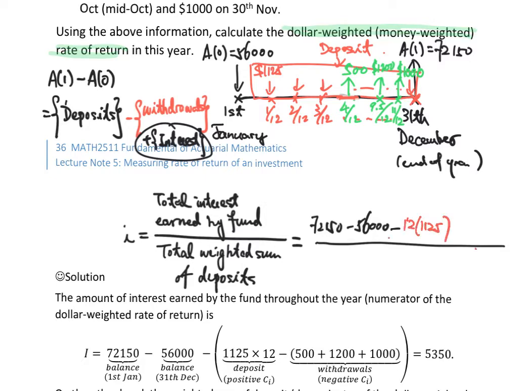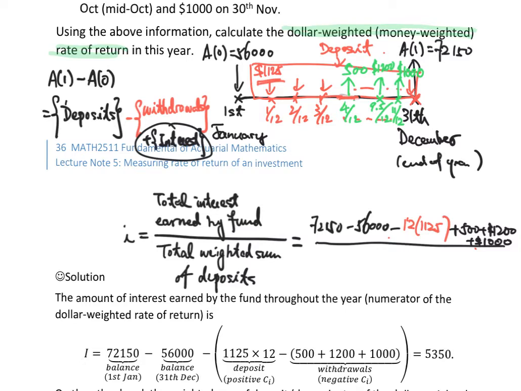Remember, we make 1125 at the end of every month, so you have 12 deposits. And of course, in addition, you also need to add back the withdrawals, which is 500, 1,200, and then plus 1,000.